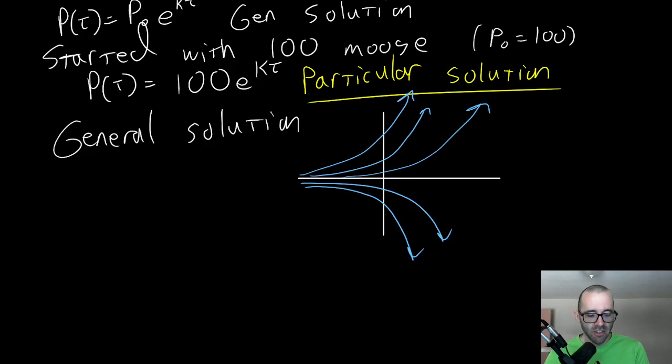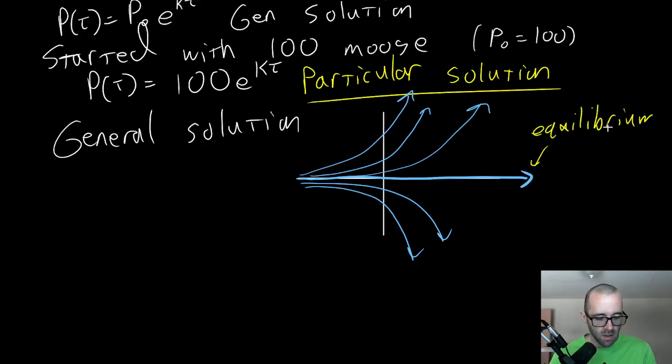But it turns out that there's another solution that looks a bit funny. This is also a solution to the differential equation, depending on what that initial value is. And this one is called something special. This one down here is called an equilibrium solution. And specifically, it's just when the derivative equals 0.